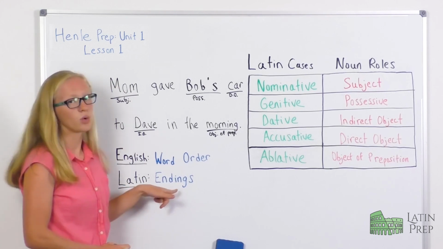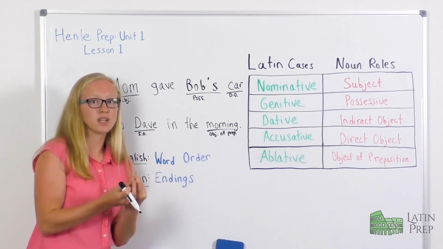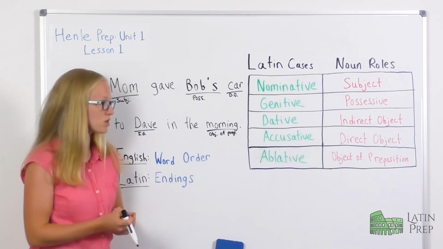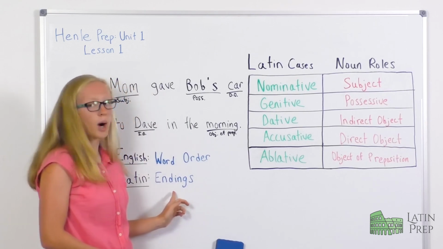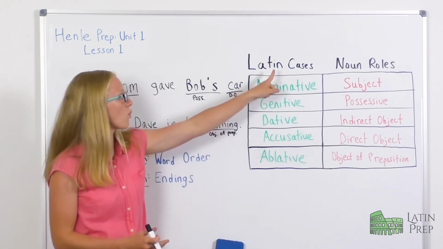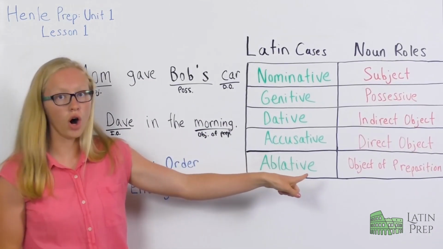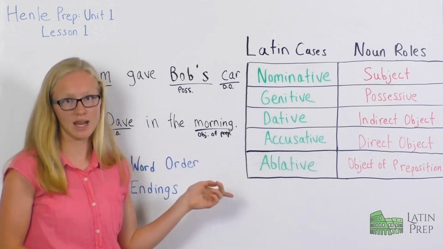But in Latin, we have endings, and the role of the noun is described in that ending. In Latin, these noun endings are part of different cases. Those cases, which are right over here, are the same thing as the noun roles, but they take on a different name.